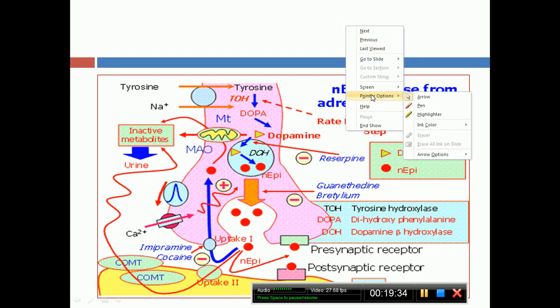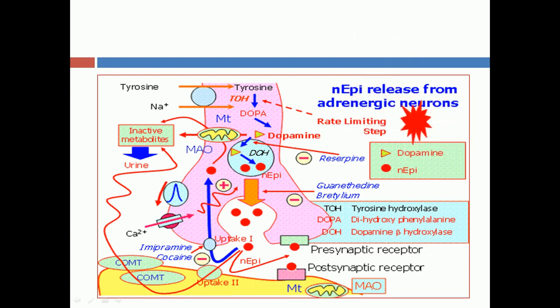So normally what's going on here? Here you can see this is tyrosine, then dopamine, which is taken up by dopa decarboxylase. Then dopamine is taken up into vesicles, and norepinephrine is also taken up by the vesicles. Serotonin also has vesicles.